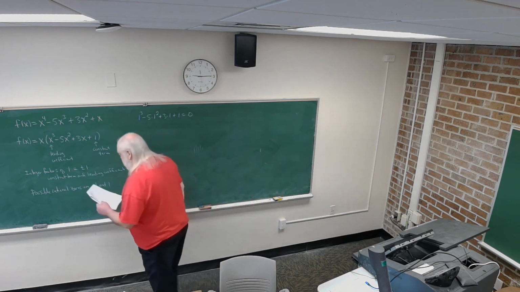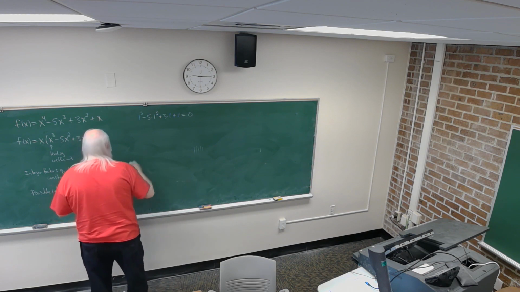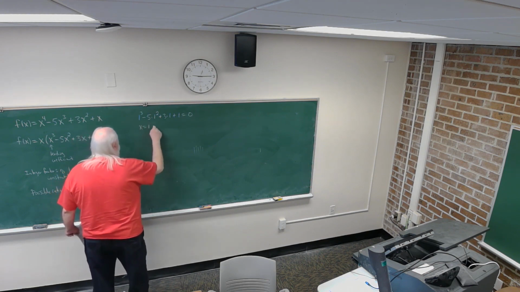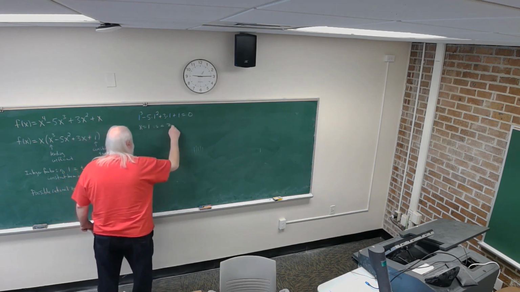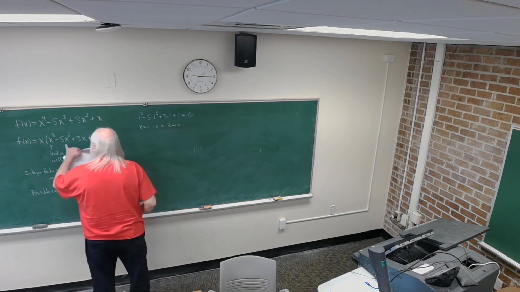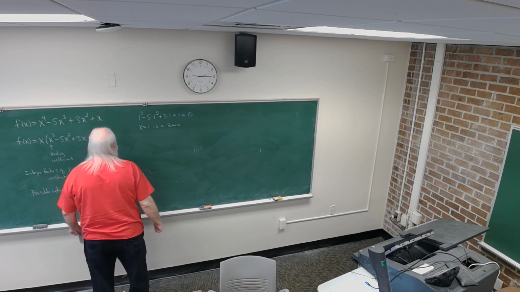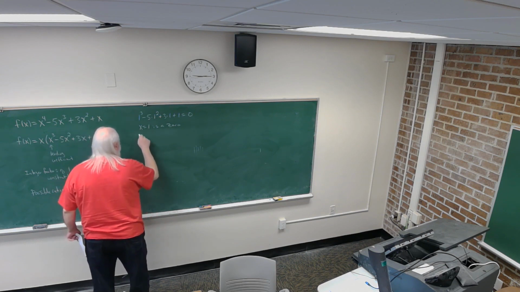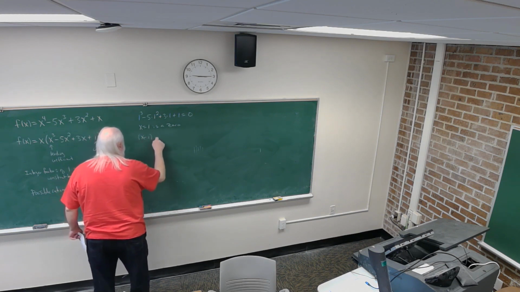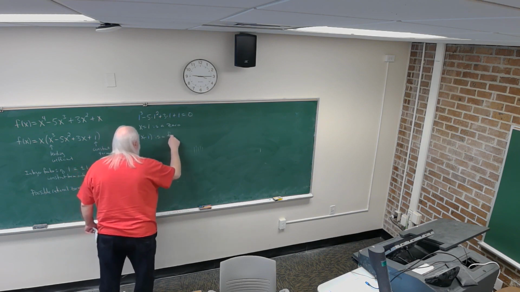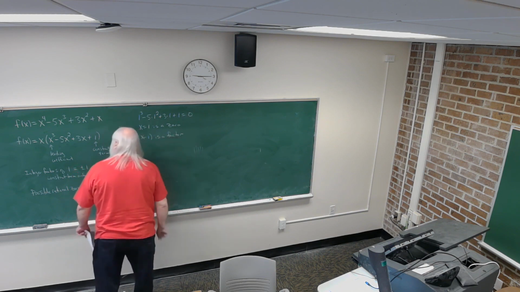So x equals 1 is a 0 of our third degree polynomial, and it's also a 0 of our fourth degree polynomial, right, by default. And x minus 1 is a factor.